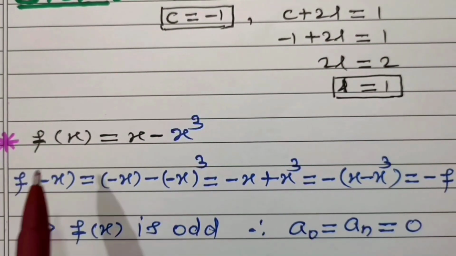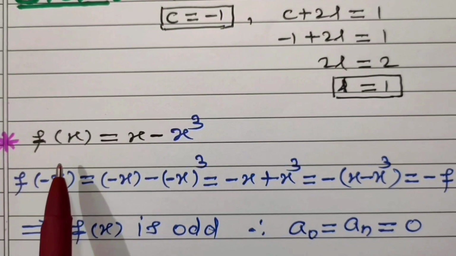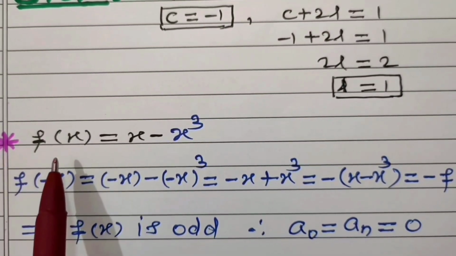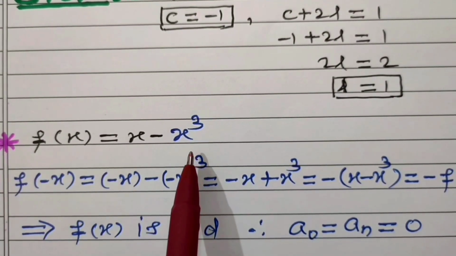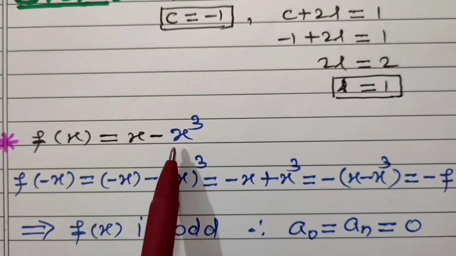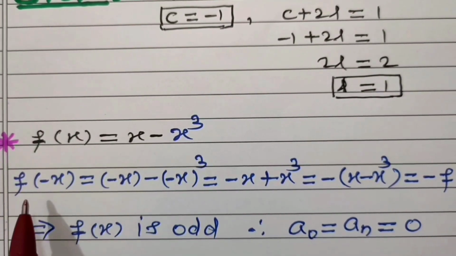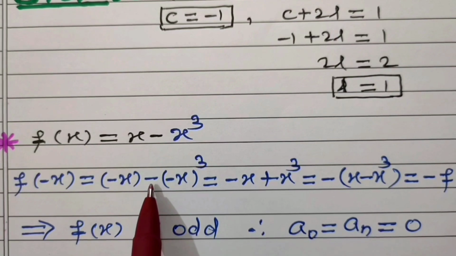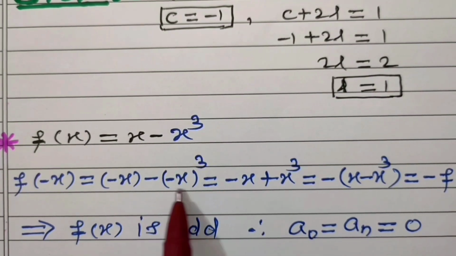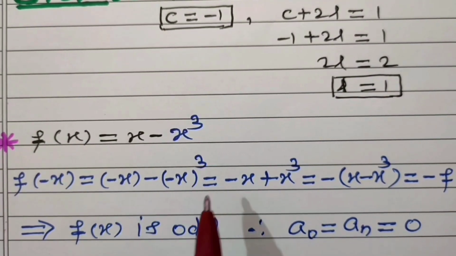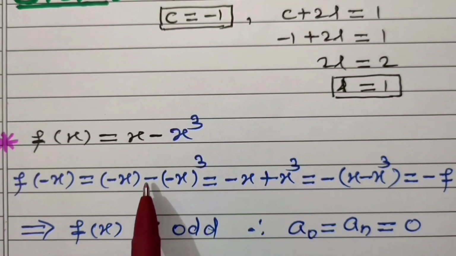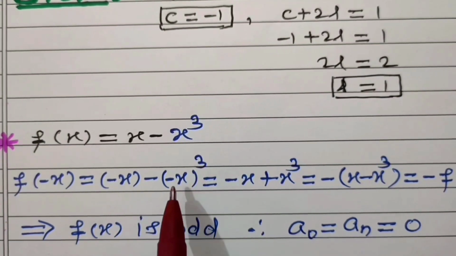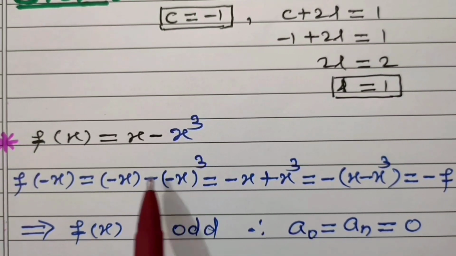Now we have to check whether this function is even or odd. f of x is equal to x minus x cube. Replace x by minus x on both sides of this equation. So f of minus x is equal to minus x, then x cube can be written as minus x cube. So this is equal to minus x as it is, minus x cube becomes minus of x cube, minus minus plus x cube.